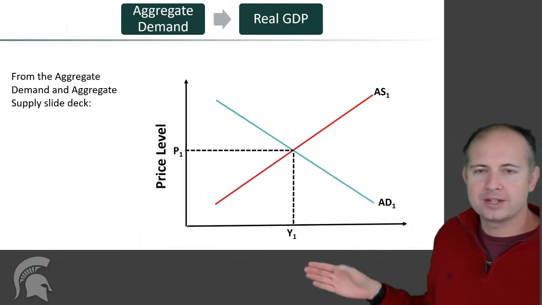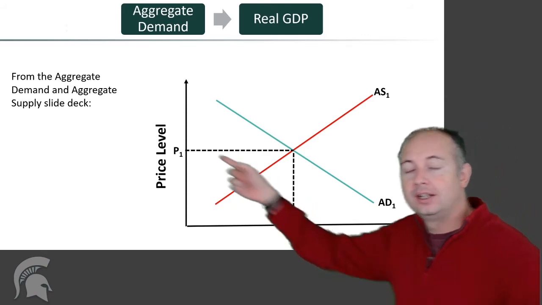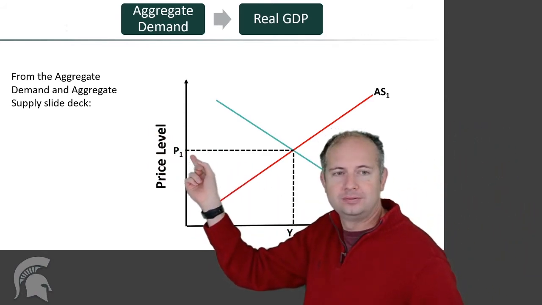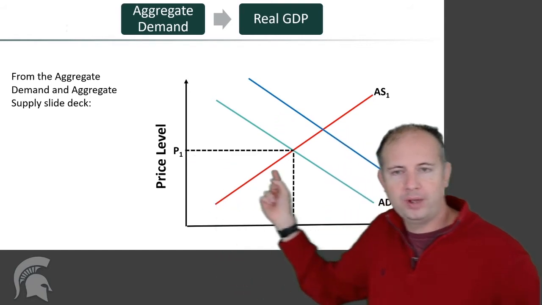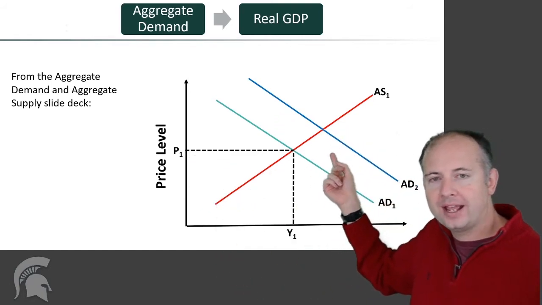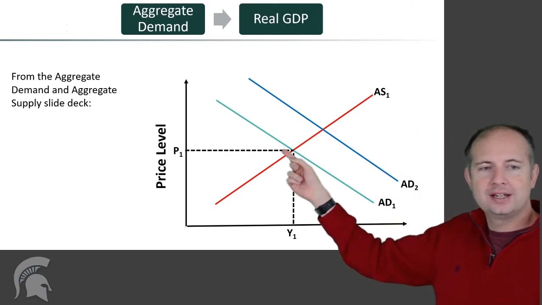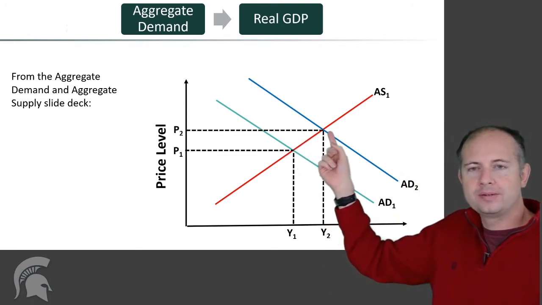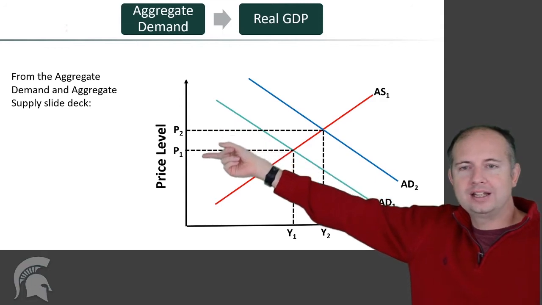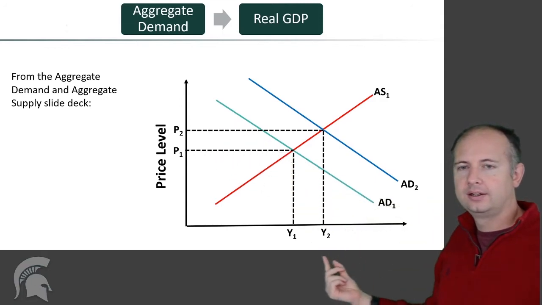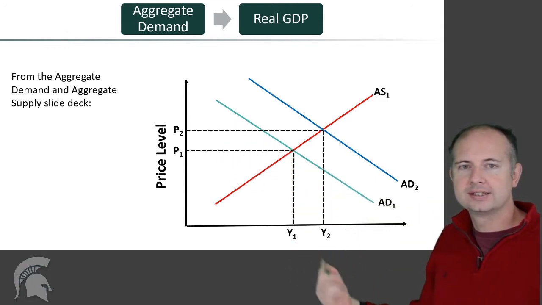Where they intersect, we get equilibrium GDP and equilibrium price level. So when we get an increase in aggregate demand, so Michael goes out and buys this forklift, well, what happens? Our equilibrium changes up here. Price level increases and GDP increases.